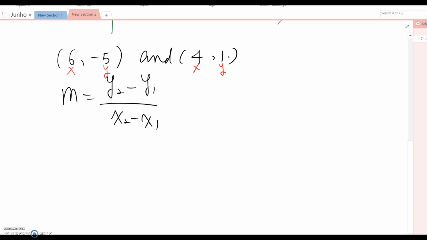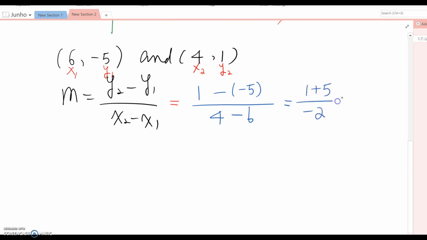Therefore, the first ordered pair we name x1 and y1, and the second ordered pair we name x2, y2. Now we substitute those values into each variable blank. Then it becomes 1 minus negative 5 over 4 minus 6. That's 1 plus 5 over negative 2, which is 6 over negative 2. Therefore, it becomes negative 3. That will be the answer for this question.